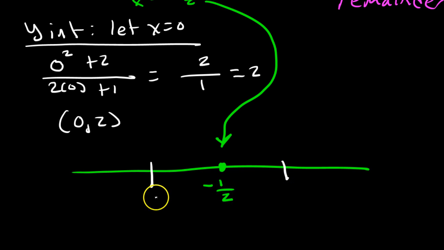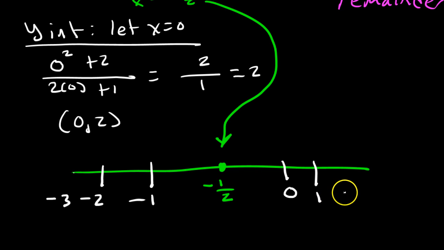To the left of -1/2 would be -1. To the right would be 0. And if I kept going, then this would be -2, and this would be 1. Then I'd have -3, and then I would have 2.